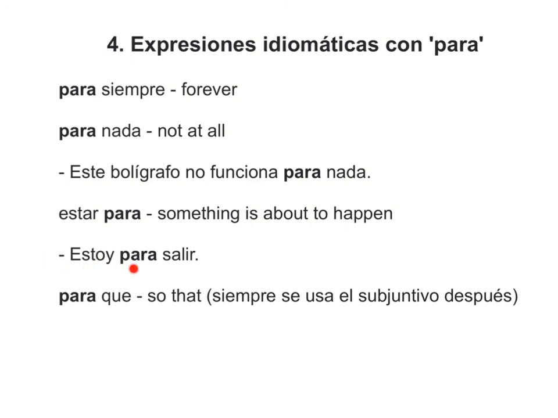Entonces el ejemplo, estoy para salir, significa I am about to leave. Y por fin tenemos para qué, so that. Y siempre se usa el subjuntivo después de la expresión para qué.